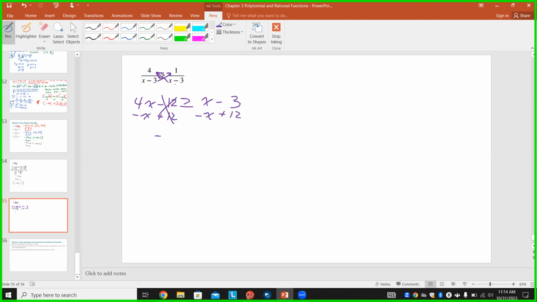So that's going to give me 3x greater than or equal to 9. And then that's going to be x greater than or equal to 3. All right, and then therefore it's going that way. So that should be 3 with a bracket to infinity.